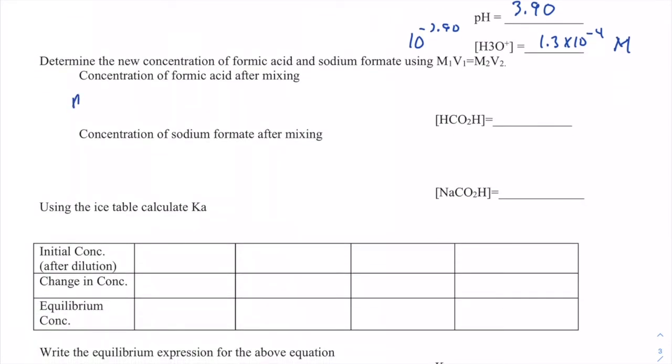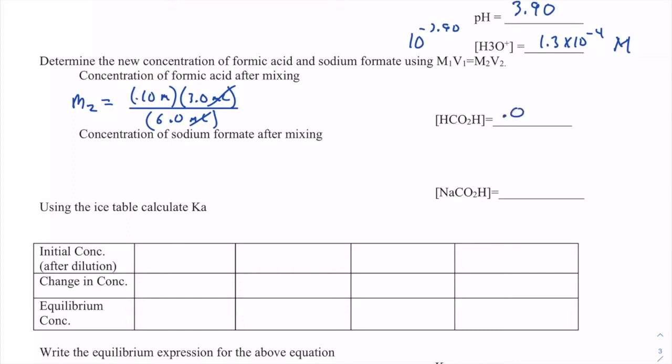All right, let's do the concentration of the acid after dilution. And by the way, the concentration after dilution, or after mixing, is the value that we use as the initial, before equilibrium is reached. It doesn't matter if we use milliliters or liters, they'll cancel, as long as they're the same.